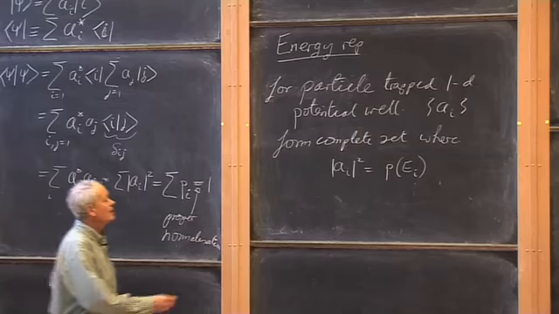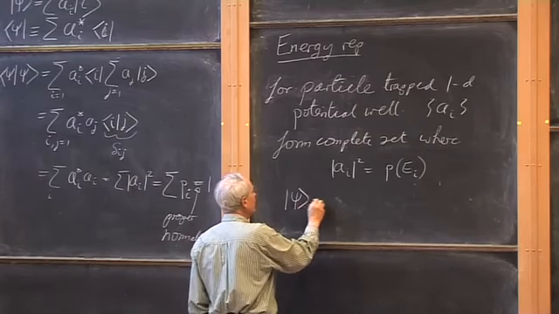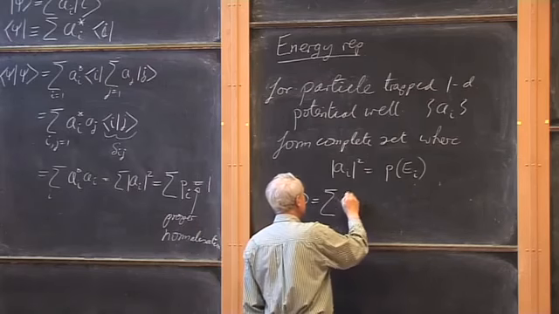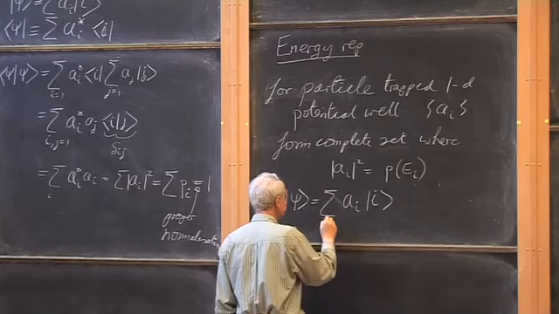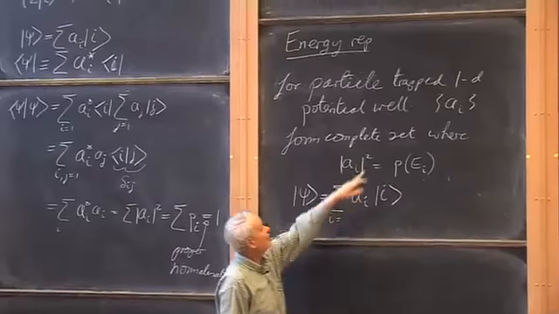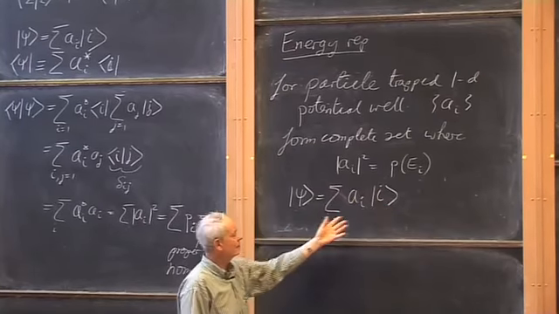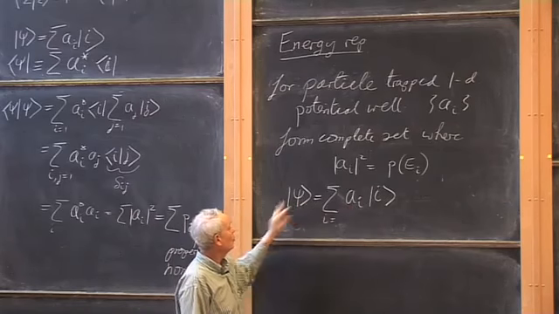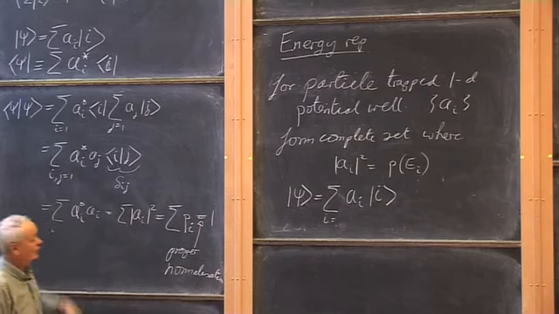Now, let's write that psi, the state of our system, is equal, given some basis, to the sum over i of Ai times |i>. So out of these complex numbers, which we know, and some basis, any basis, we can write a symbol like this. That's just a repeat of what we've already done.